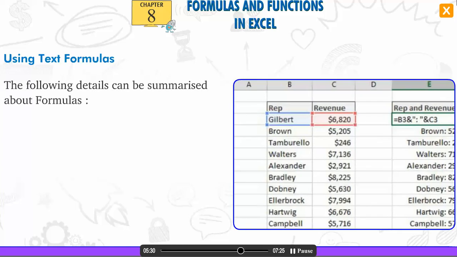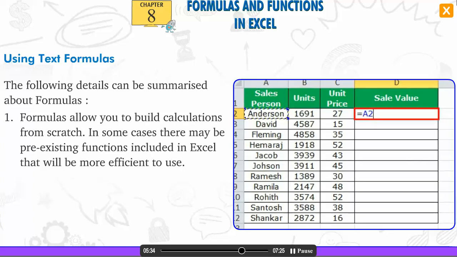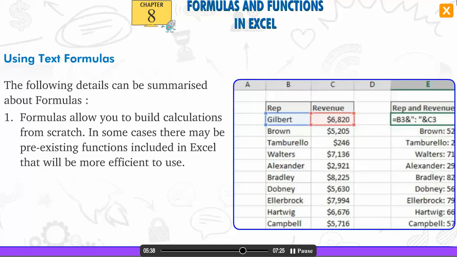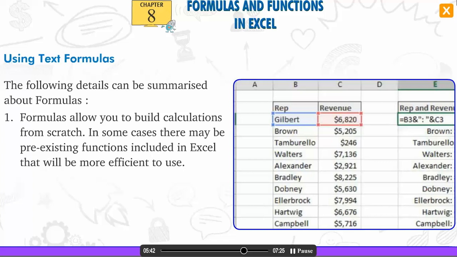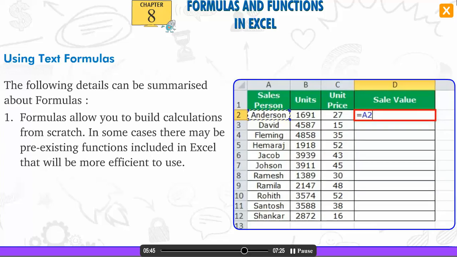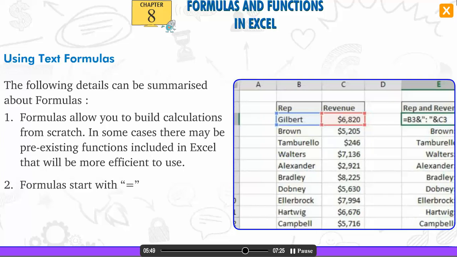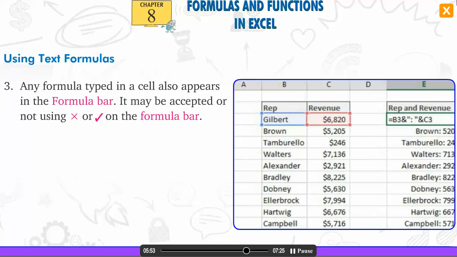The following details can be summarized about formulas. 1. Formulas allow you to build calculations from scratch. In some cases, there may be pre-existing functions included in Excel that will be more efficient to use. 2. Formulas start with =. 3.